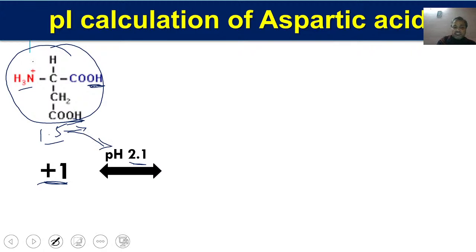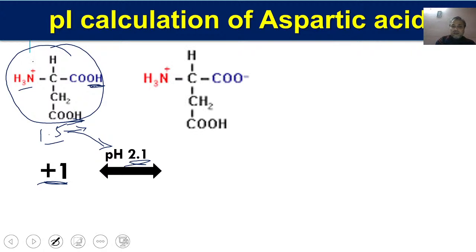As soon as the pH reaches 2.1, this group releases its H plus, which means it becomes negatively charged. Now how much charge is it having? It is having one positive here and one negative here. So the overall charge is one positive, one negative, which means the overall charge is 0. So I have put 0 charge.